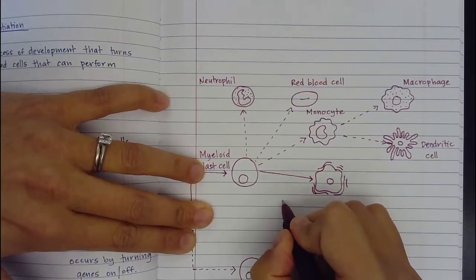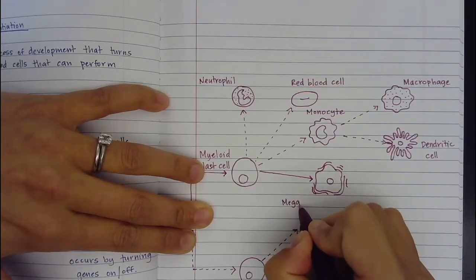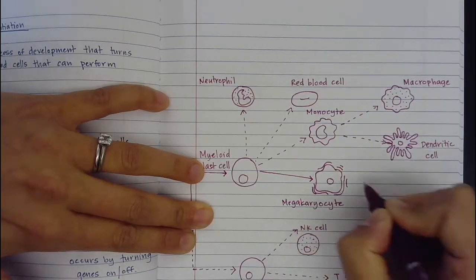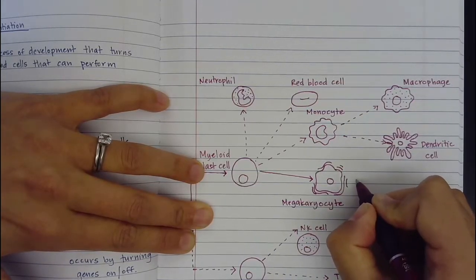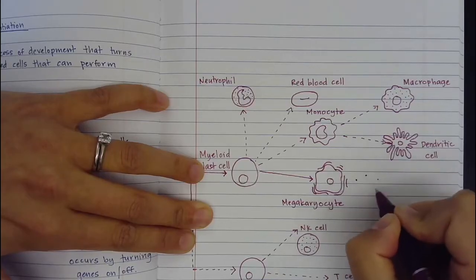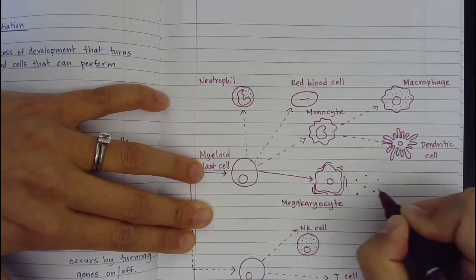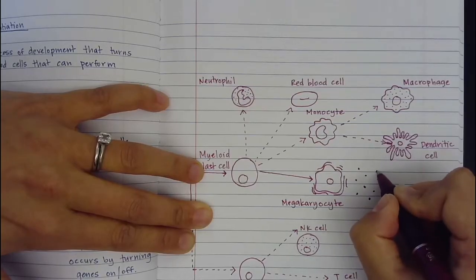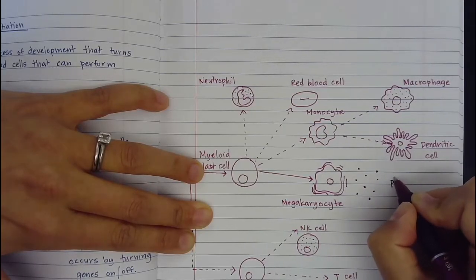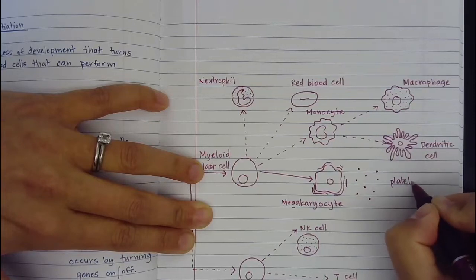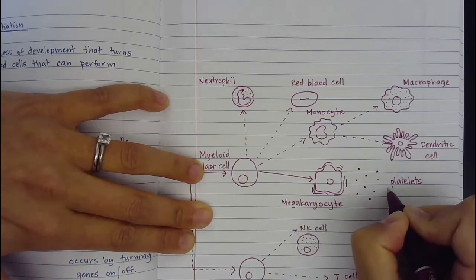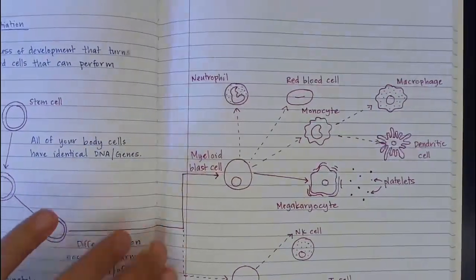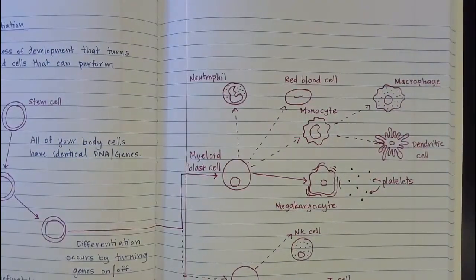And megakaryocytes, what they do is they release platelets. And platelets are just fragments of cells. And they're responsible for making it so that blood clots.